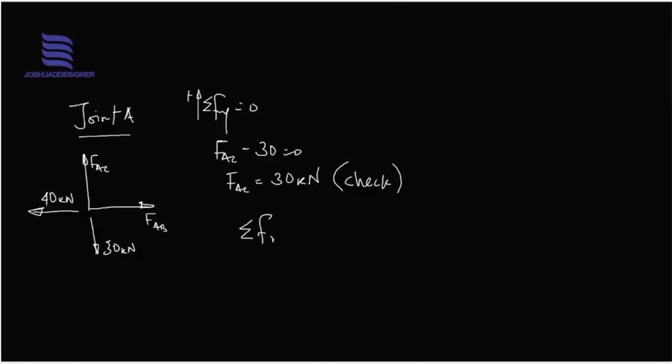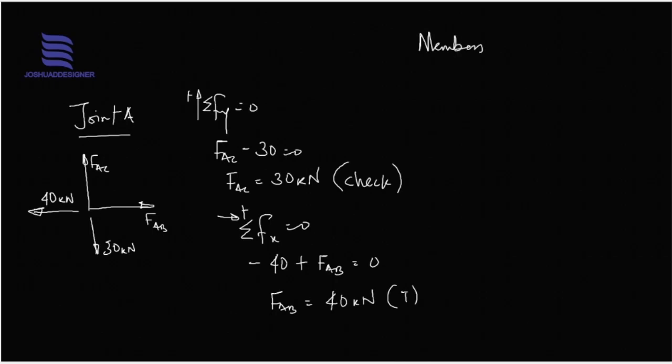So for summation of horizontal forces equals to 0, we'll have minus 40 plus FAB equals to 0. So we have FAB equals to 40 kilonewton. That's in tension, being positive. So the summary of what we've done now is the member forces and their directions.